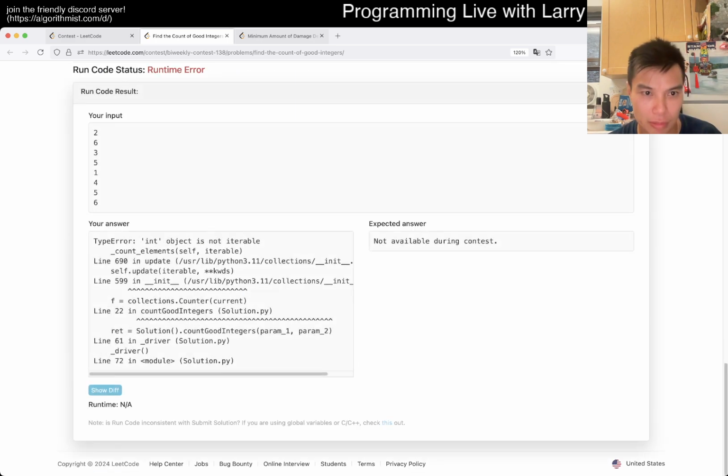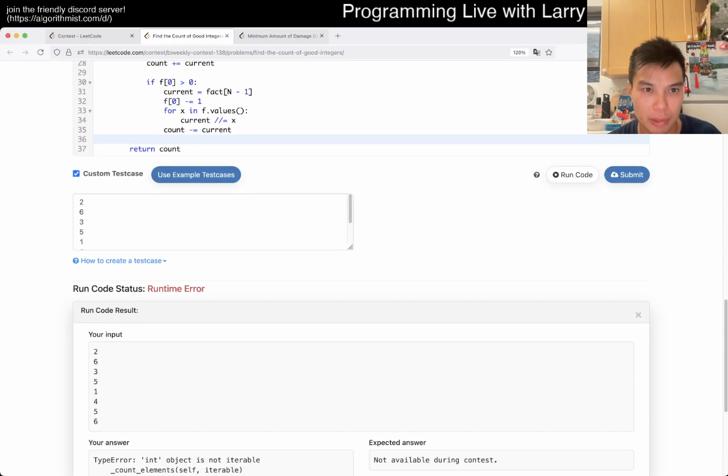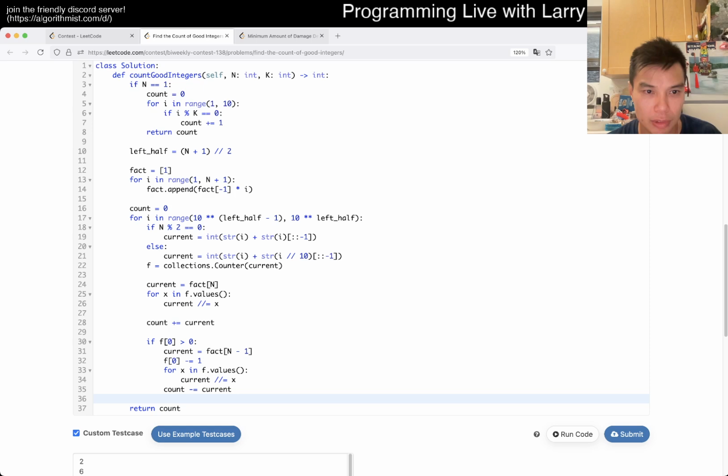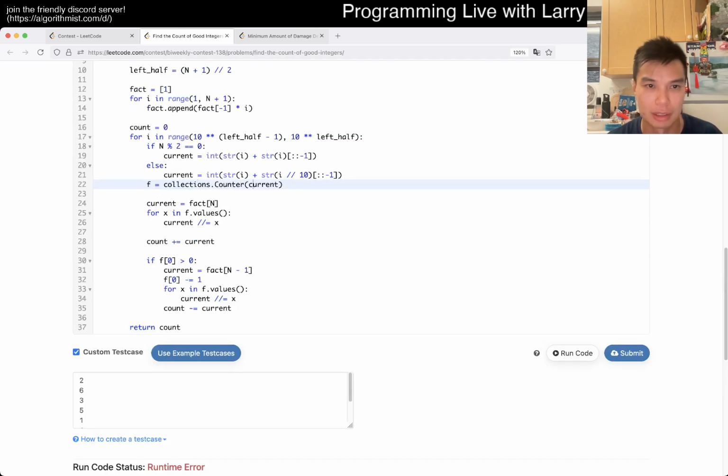I could have int not variable 22. Huh? Oh, this is an int. And also I reused the current, but okay, fine.